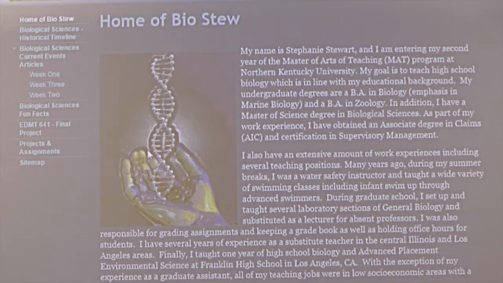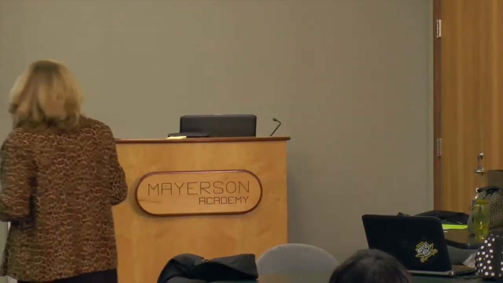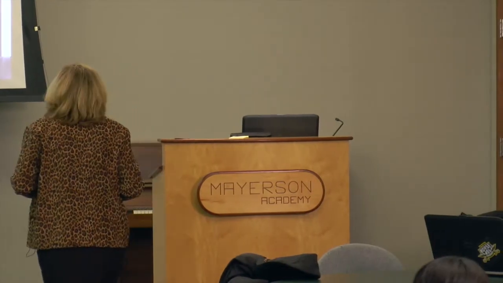I don't even know what BioStew is, but she's a biology teacher, and so this meant something to her. With a Google site, you're going to have a menu that allows you to navigate on your site. You have the ability to put images on your site. Most people find that when they put images on their site, the site is a lot more attractive and inviting to others.